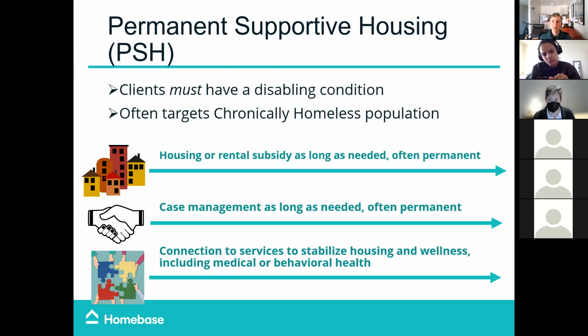I could think of examples where a client not accessing services that would meet their real practical needs could lead to a situation in which a client gets exited, but there cannot be a direct connection, right? You can't say, okay, if you're not going to show up to our case management, or if you're not going to attend your doctor's appointments or your therapy, then we can't serve you anymore.